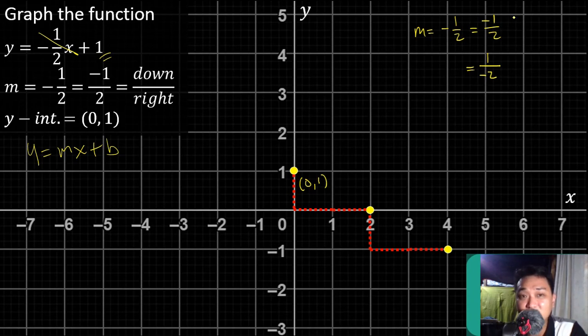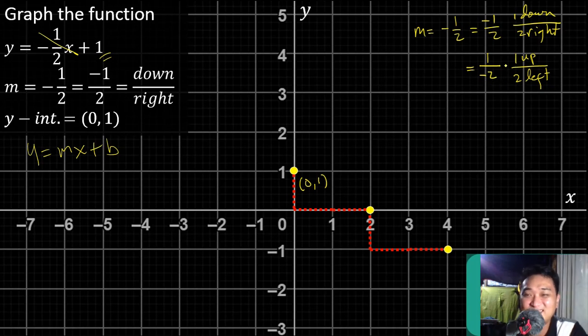Kung itong nasa taas is 1 down and 2 right, ito naman yung kanyang reverse form is 1 up over 2 left, 2 left. Bakit 1 up? Kasi positive si 1 dito eh. At bakit naman 2 left? Kasi negative si 2.